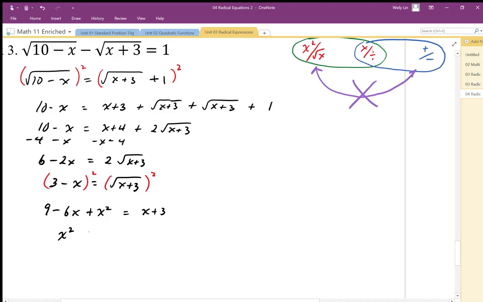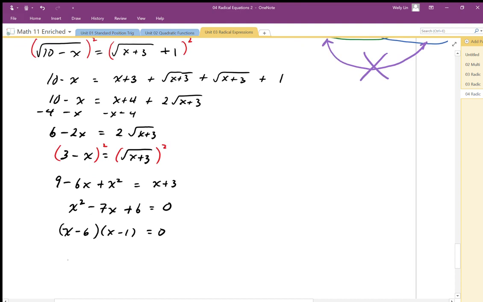Make it equal to 0. So I've got x squared minus 7x plus 6. This is factorable. I get x minus 6, x minus 1 equals 0, so I end up with x equals 6 and x equals positive 1.